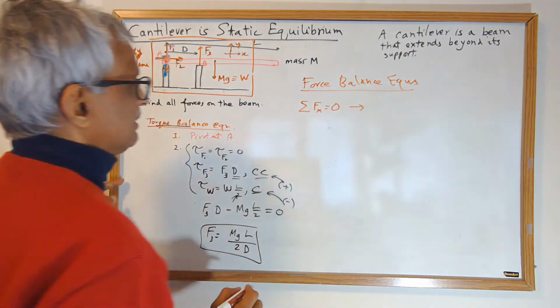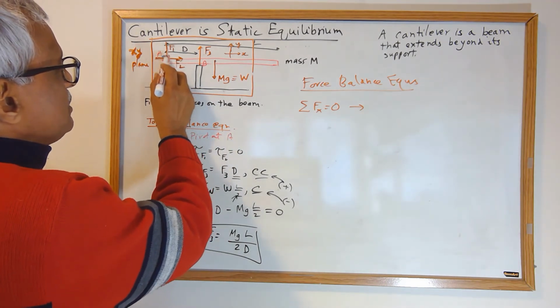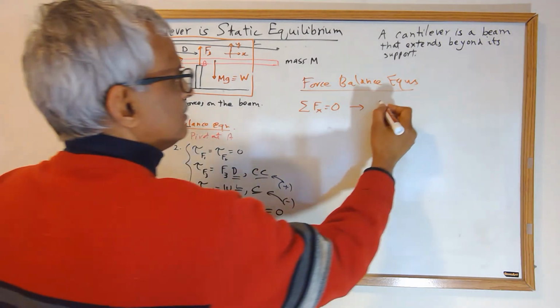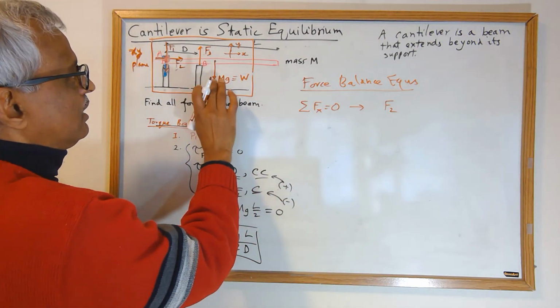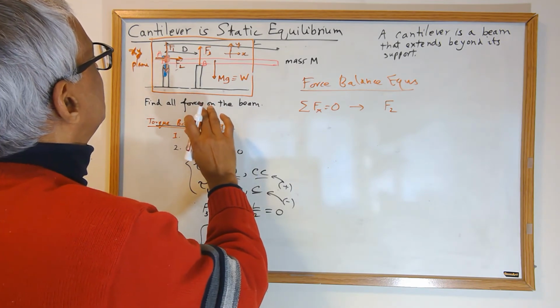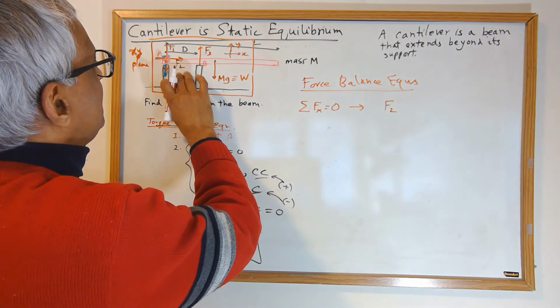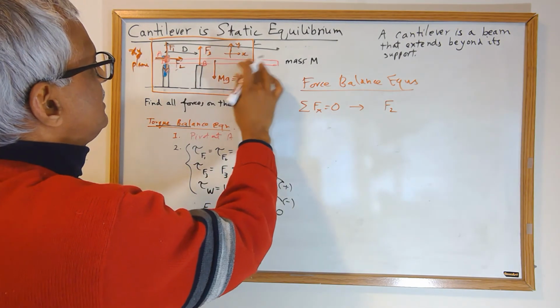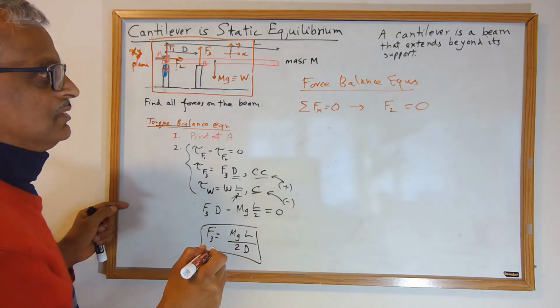What will that give me? Well, I look at this guy. There's only one. This guy does not have x. This guy is F2, so I get F2. This does not have x, so that's 0. And if I look at it, there's no other x, so that has to be 0. So F2 is actually 0.